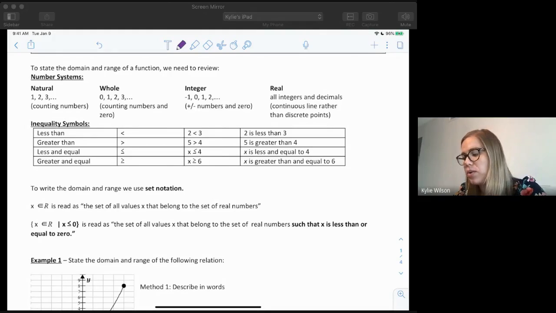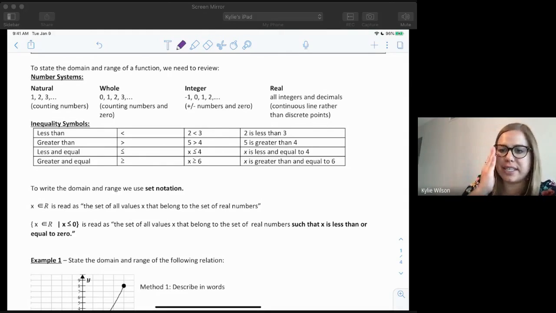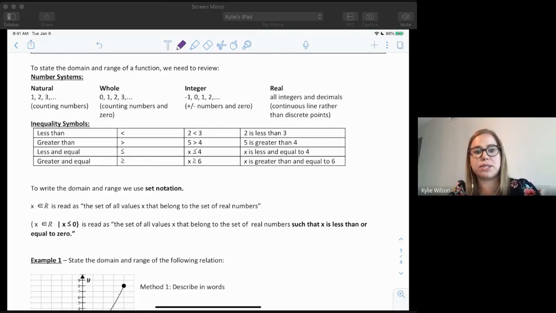Next, we have our whole numbers. That just includes 0. That's the only difference between our natural numbers and our whole numbers. Again, no decimals, just 0, 1, 2, 3. Next is our integers. Our integers include -1, 0, 1, 2. So it is negative numbers, positive numbers, and 0.